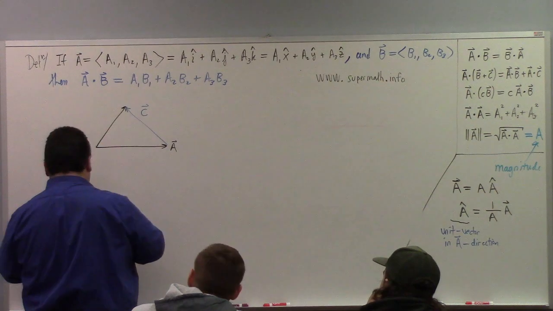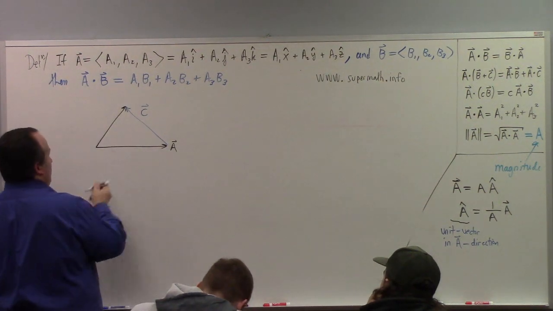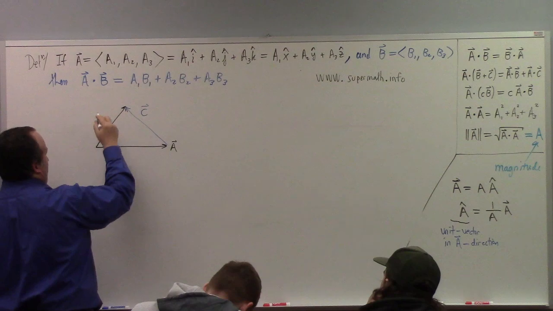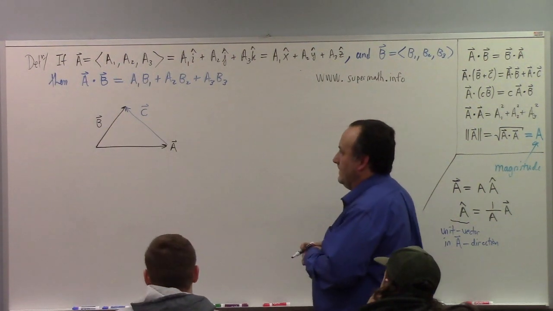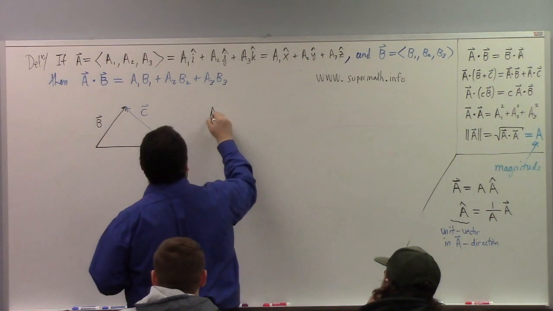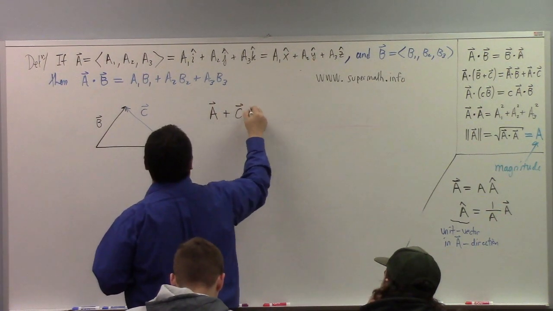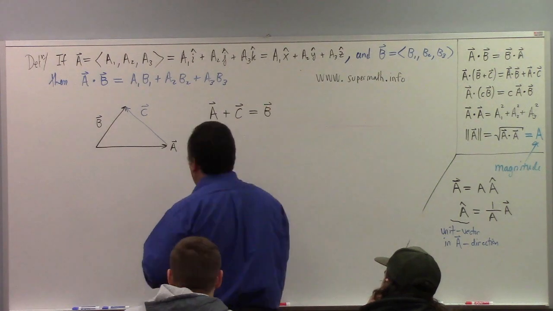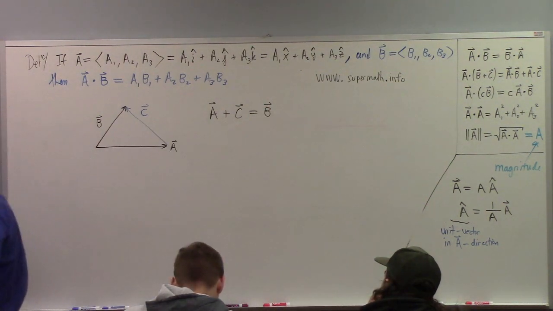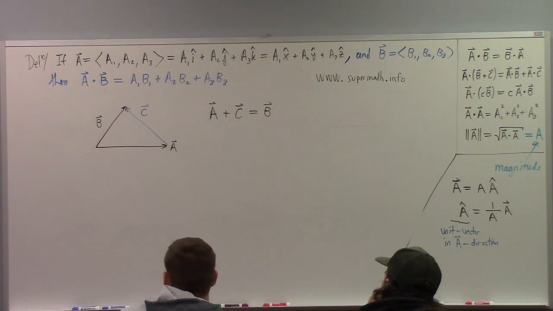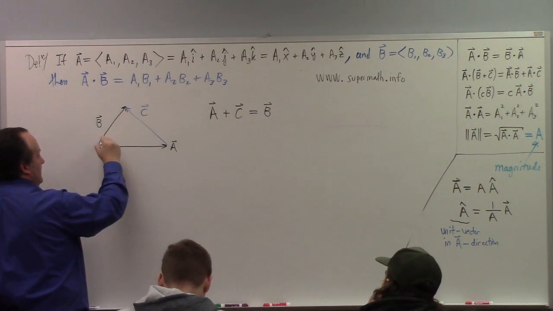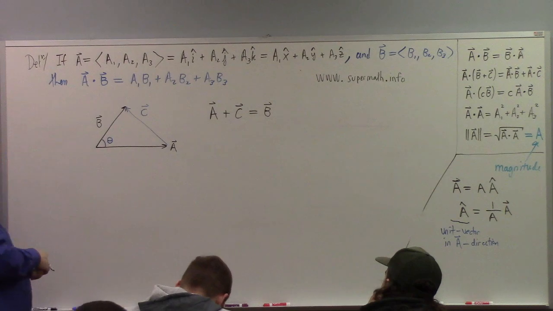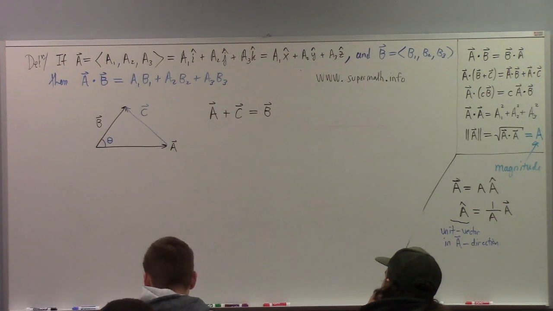If I do that, can you guys tell me in terms of vector addition how A and B and C are related? A plus C equals B. Very good. Tip to tail, right? Now, this angle we're going to call theta. So what do you know once I draw a theta there?